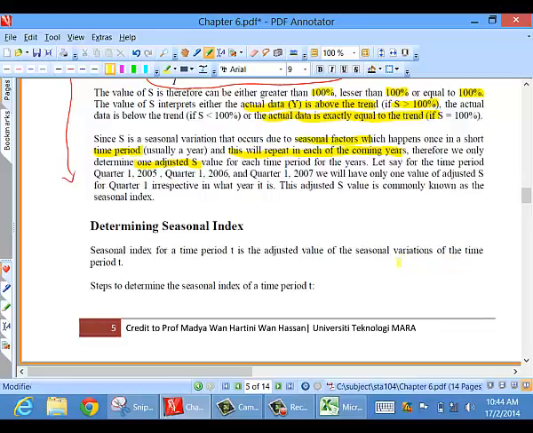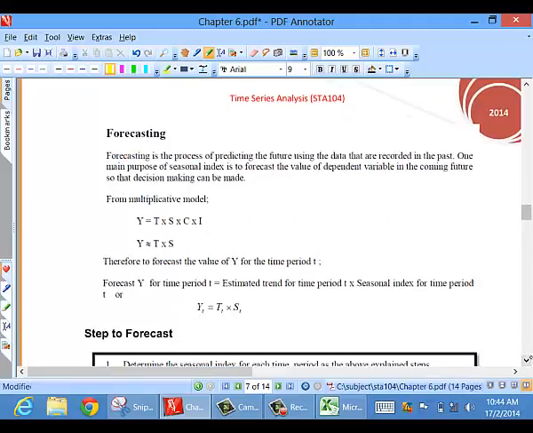Tadi saya cakap dengan you, right? Untuk cari seasonal index, you need to adjust, you need to modify the seasonal variation. Once you done modify seasonal variation, you dapat seasonal index. So the steps to modify the seasonal variation, which is to obtain the seasonal index at a time period T, you have 6 steps. You boleh tengok situ.